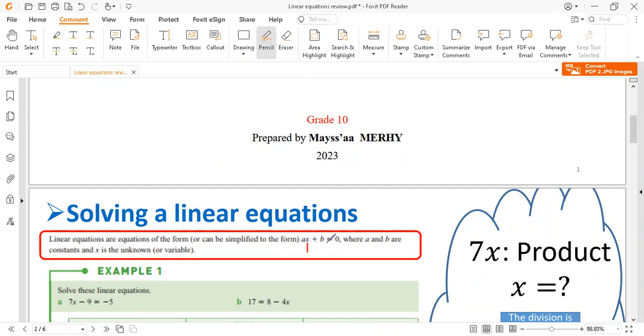We should have in our equation an equal sign and one variable, and this variable appears in the simplest form, with an exponent equal to one only. So very good, the simplest form is ax plus b equal to 0, where a and b are constants and x is the unknown or variable.